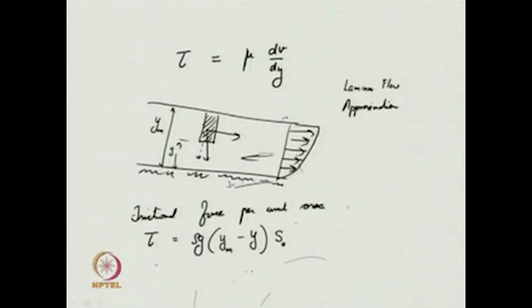That is what we are doing here. That can be given like this. So, this is nothing but, if you again go through the same equation, rho g (ym minus y) s naught, this is equal to, you use Newton's law of viscosity, you are equating it to this.